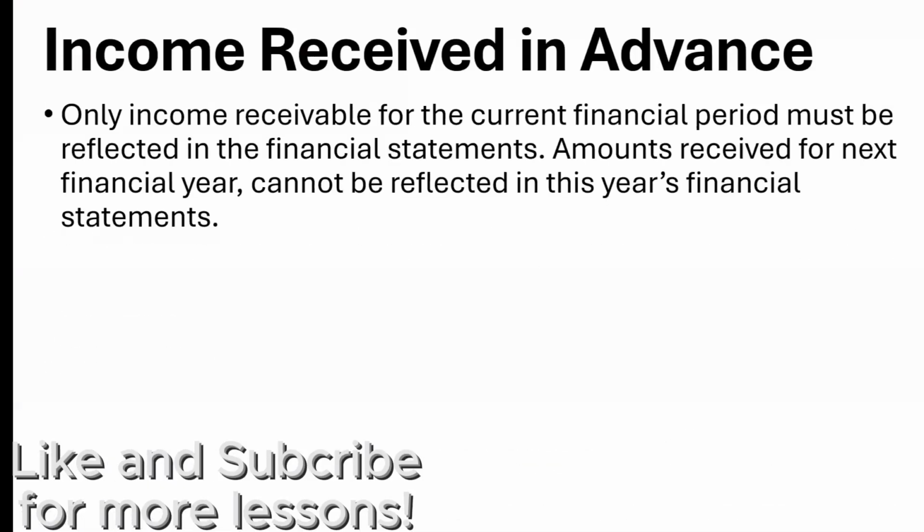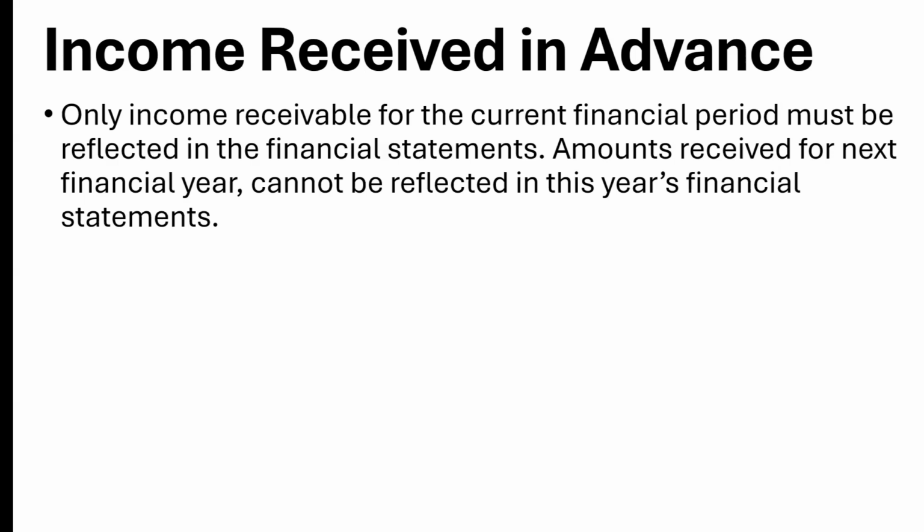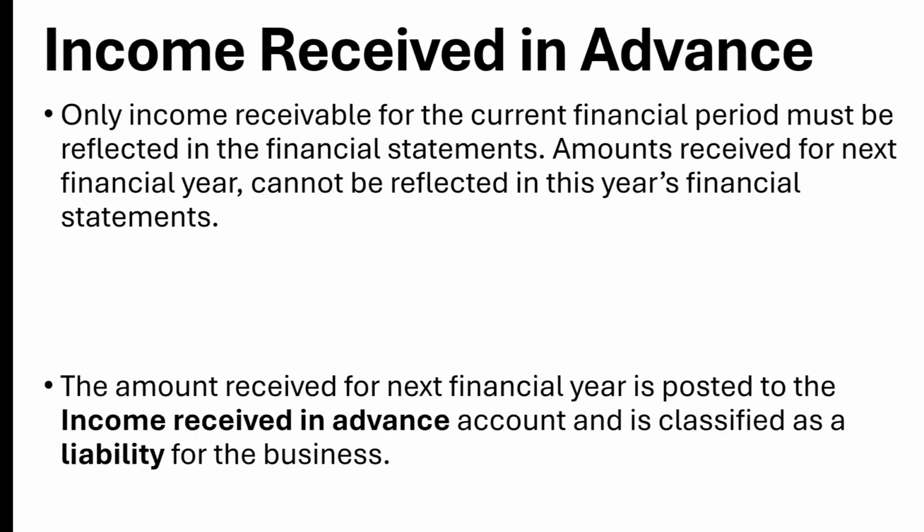Now, income received in advance, the rule states that only income receivable for the current financial year must be reflected in the financial statements. Amounts received for next financial year should not be reflected in this year's financial statements. So only these 12 months of the current financial year are allowed to be recorded as income.